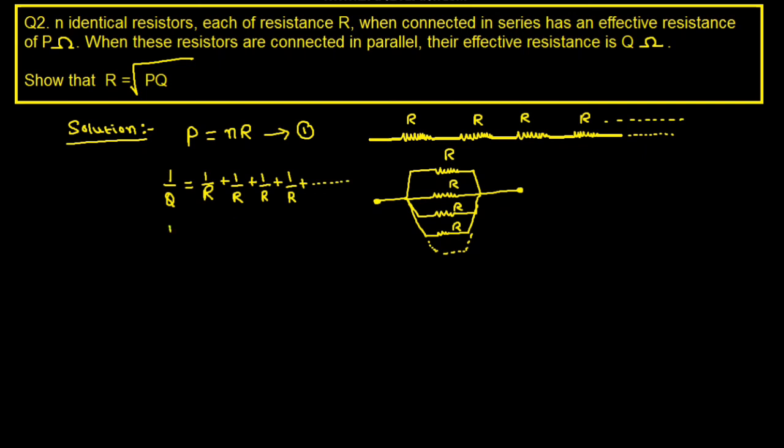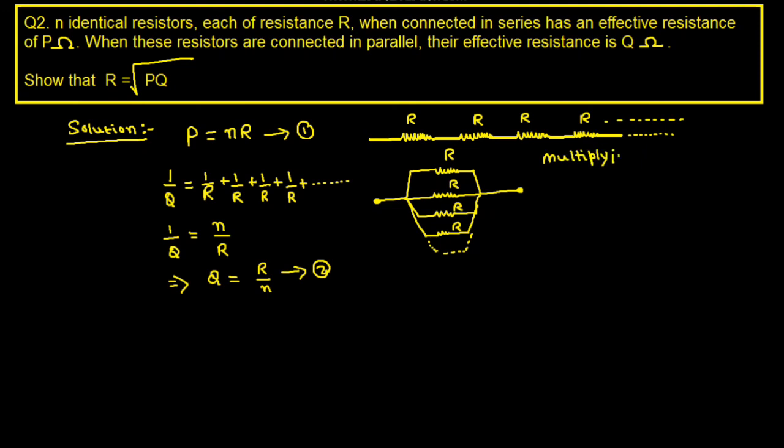So clearly from here we can write 1 by Q is equal to n divided by R. So this implies that Q equal R divided by n. So this one is equation number 2.